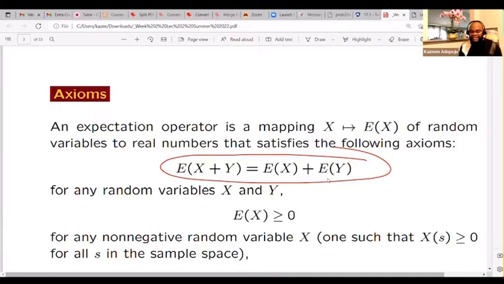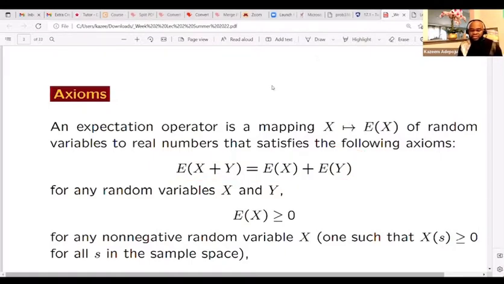If I add X and Y together, the expectation of the sum of these two variables is equal to the sum of the respective expectations. This is one of the axioms of expectation: the expectation of the sum of random variables is the sum of the respective expectations, which I'm also going to prove today.